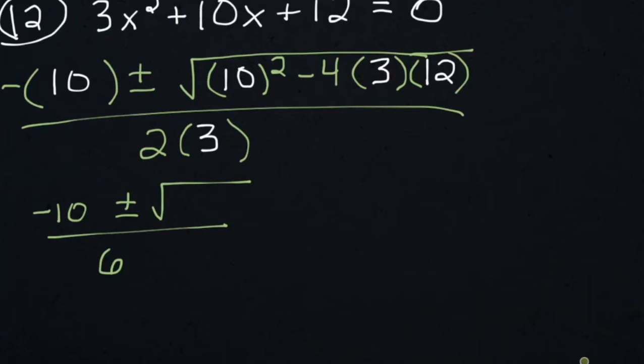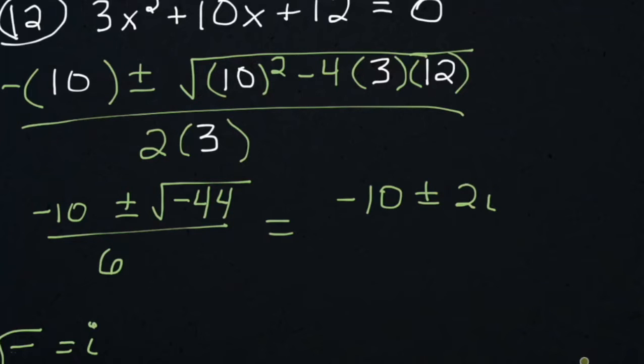So what goes under the radical? Turns out it's negative 44. So I have two things I can pull out. The negative becomes I. And square root of 44 is square root of 4 and square root of 11. So my answer is negative 10 plus or minus 2I square root 11 divided by 6.